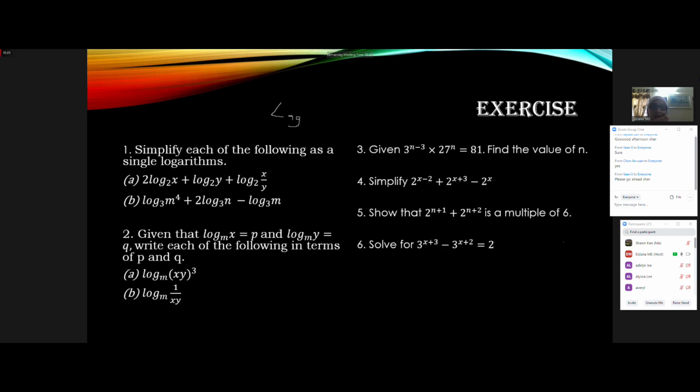All plus, so meaning that all times. Anyone would like to give me your answer? Log 2x cubed. Yes, correct. Because the 2 bring up x squared, so now you have to times x squared times y times x over y. So you have to cancel off the y, so you have log 2x cubed for number 1A.